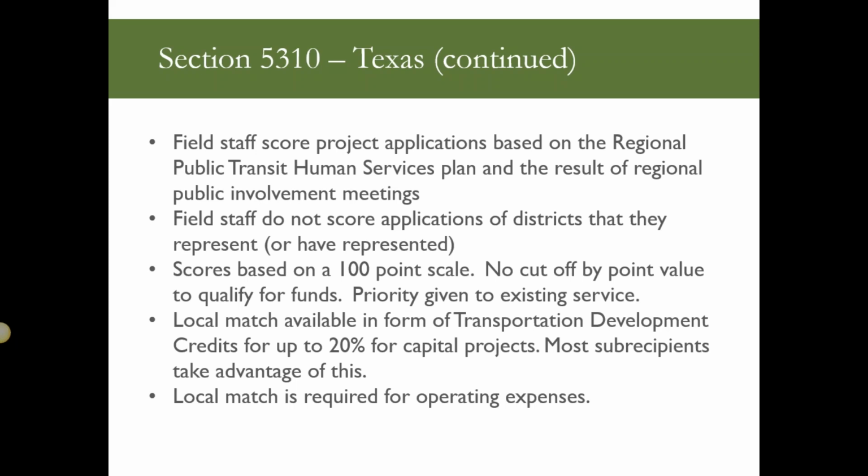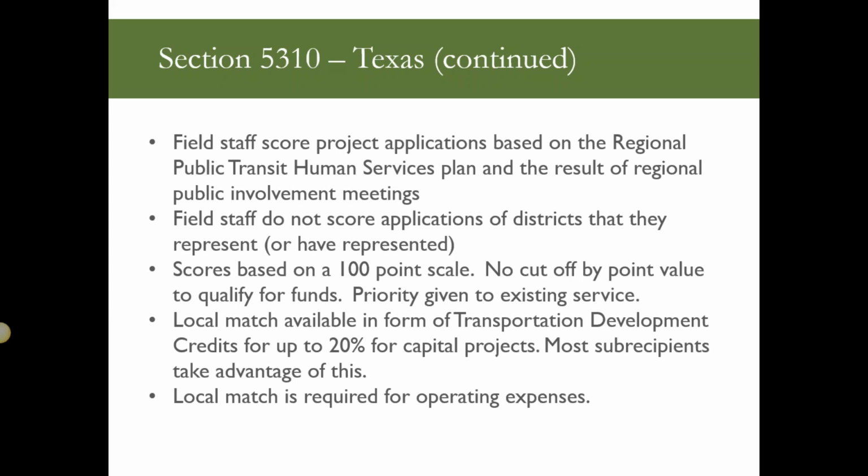So we look based on the original coordinated plans and public involvement meetings where we talk directly with riders or other members of the public who came out. There were also online survey options, and we had a 1-800 number that people could call to leave comments. The staff don't have any association with the districts they're scoring, so they can be neutral on the topic.